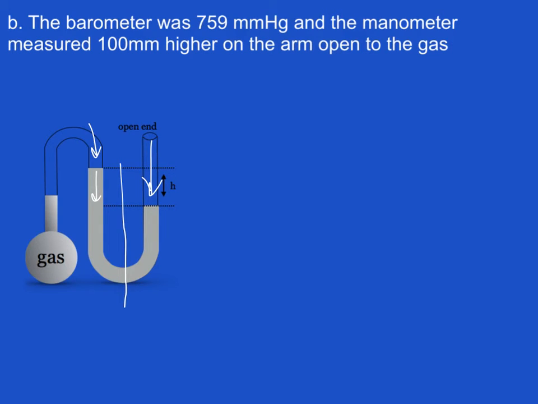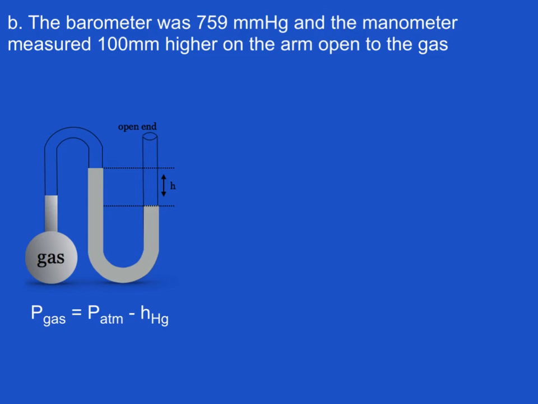If we were to write this one out as an equation, we have the gas and the mercury together offsetting the atmosphere. Or you can write the pressure of the gas is equal to the pressure of the atmosphere minus the height of the mercury. I simply moved it. You could also say pressure gas plus height mercury equals pressure atmosphere, but I simply moved it to the other side and subtracted it.